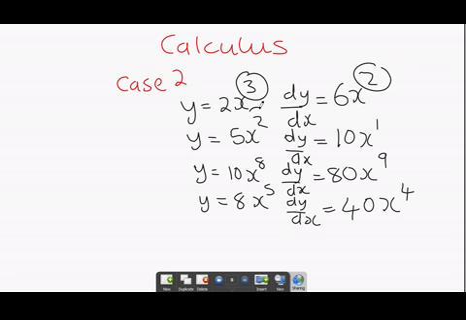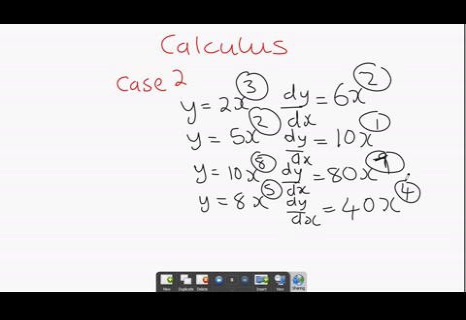Here the exponent changed from 2 to 1. Here the exponent changed from 8 to 7. And lastly, the exponent changed from 5 to 4.